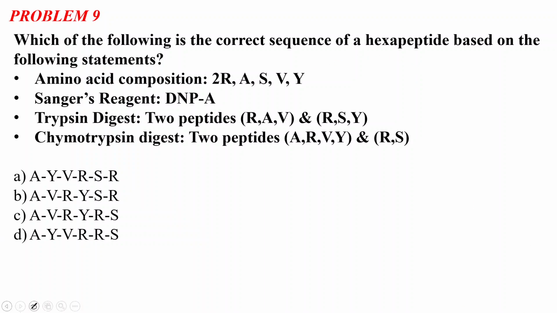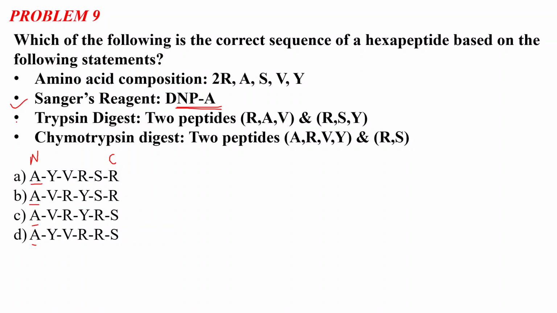In the options, these are the N-terminals and these are the C-terminal amino acids, because the C-terminal has a free carboxylic acid group and the N-terminal has a free amine group. So the Sanger reagent gives a DNP-A derivative, which means the N-terminal amino acid is alanine. All four options have alanine as the N-terminal amino acid, so from this we cannot say which is the correct sequence.